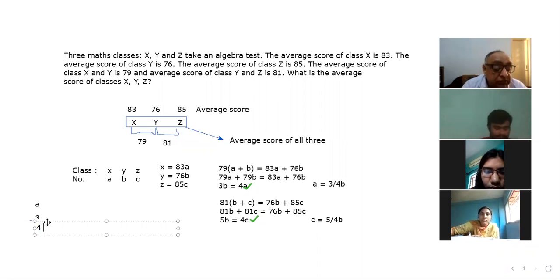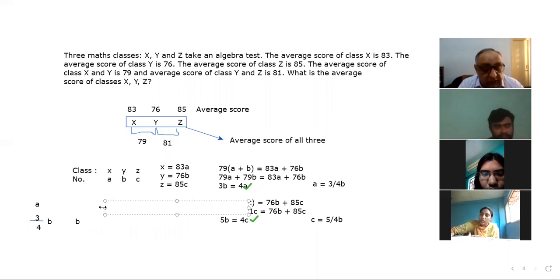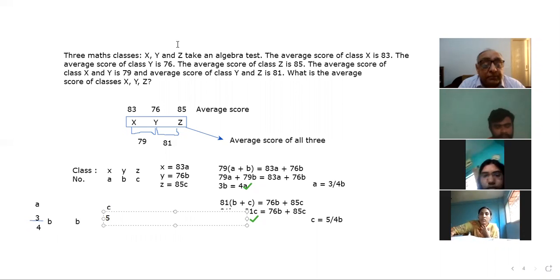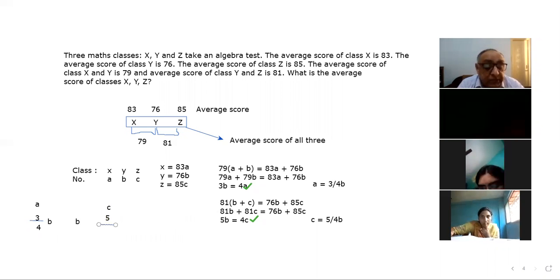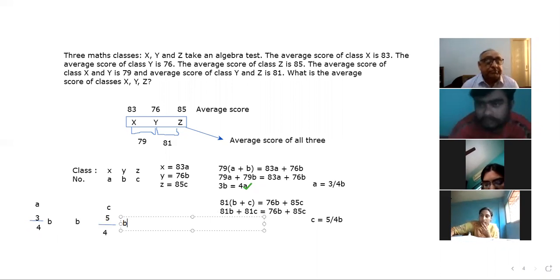This is the value of A, and the value of B is B itself. And the value of C is given here as 5 upon 4B.